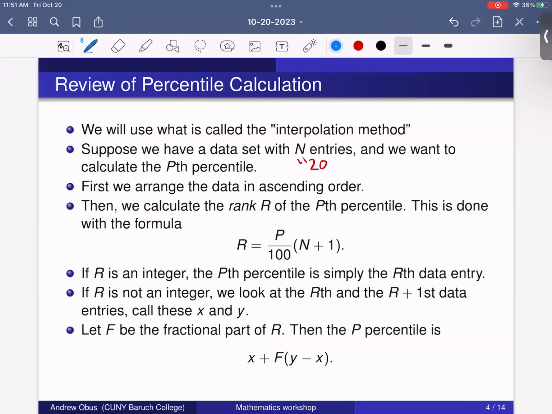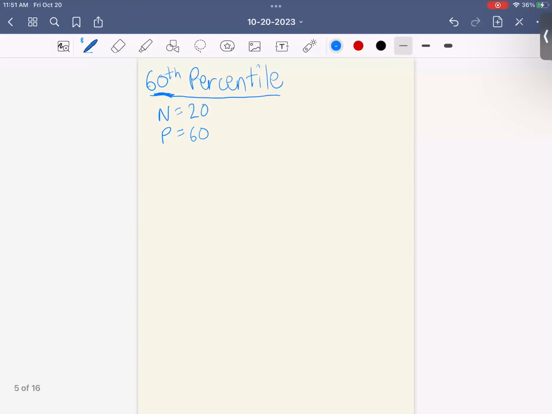So we first calculate the rank. R is going to be 60 divided by 100 times 20 plus 1. This is the same thing as 3/5 times 21, which is equal to 63 over 5, and as a decimal, this is 12.6.